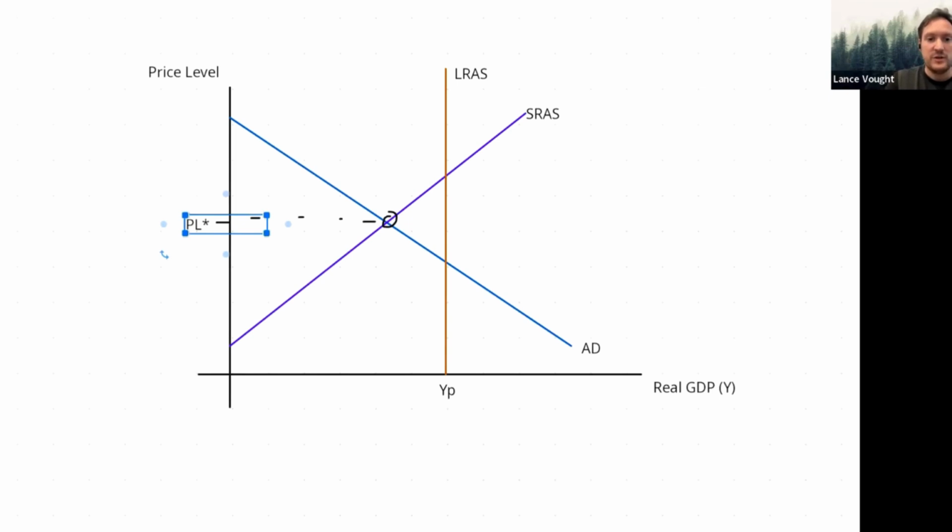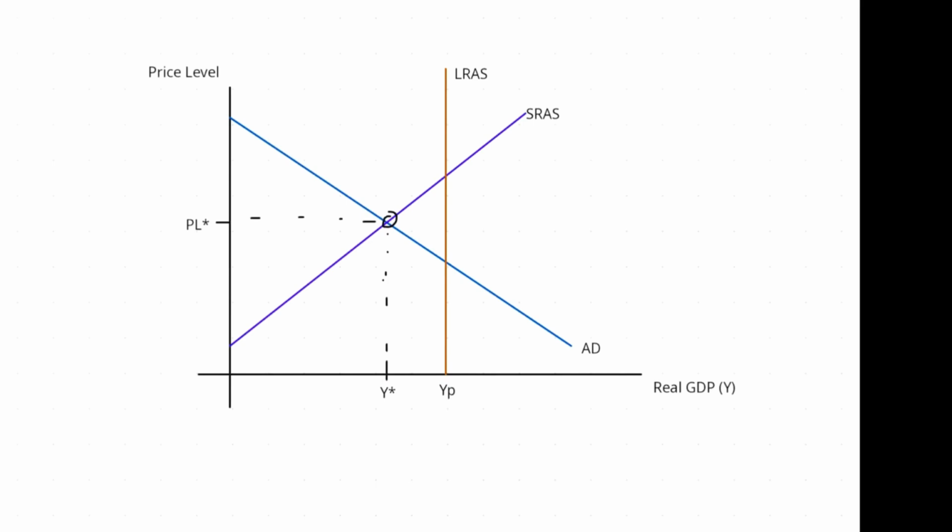And if we go down to the GDP x-axis, we have our actual output level, Y star. So in this example, we would have an output gap. If you were trying to curtail this output gap, you would probably engage in expansionary monetary or expansionary fiscal policy.